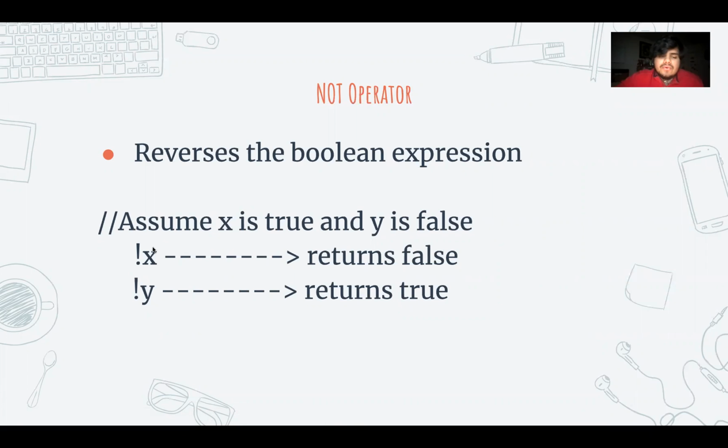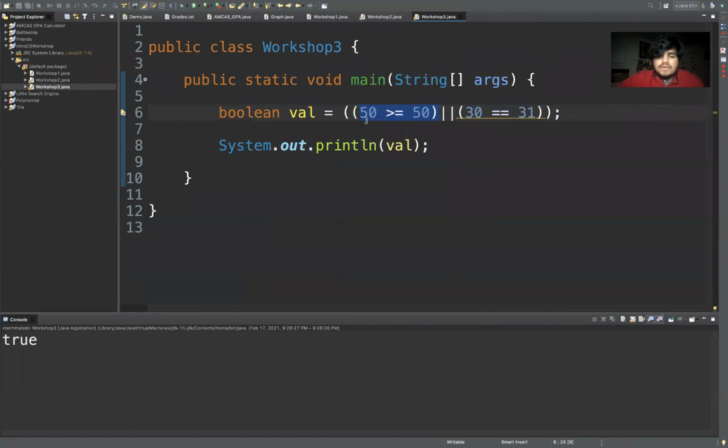So if I do this exclamation point X, and we can assume that X is true and Y is false, then it will return false. But if I do the same thing with Y, it's going to return true. It's just doing a flip-flop. So for example, if I do this, let's see if this changes it.